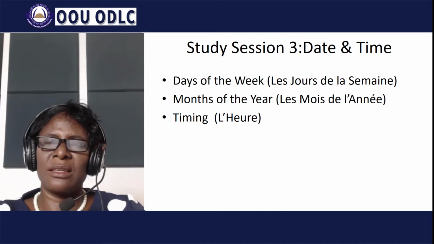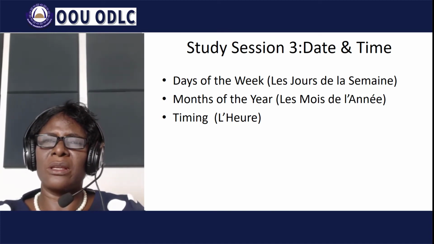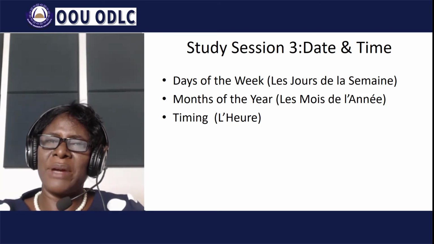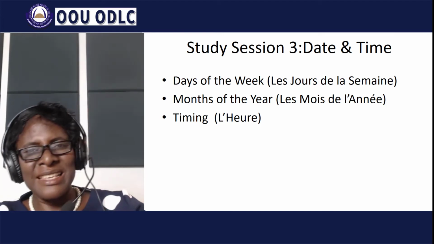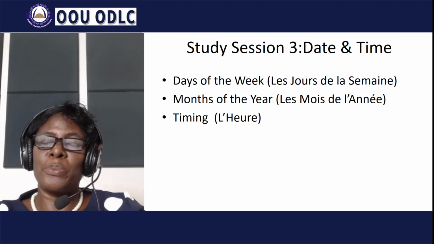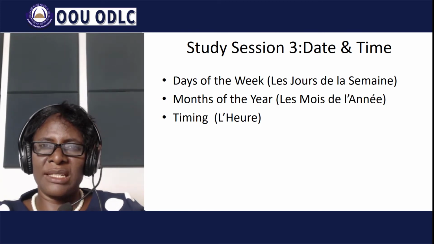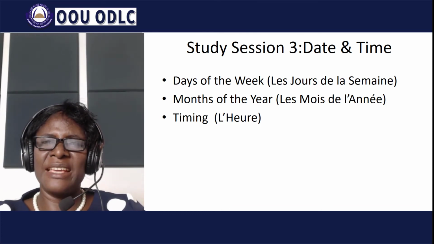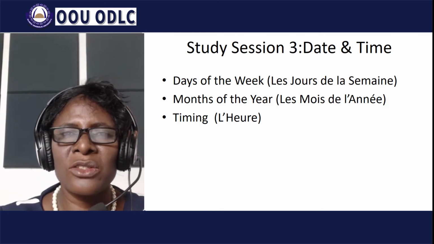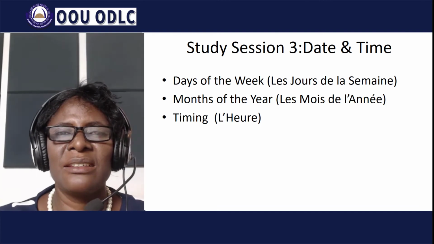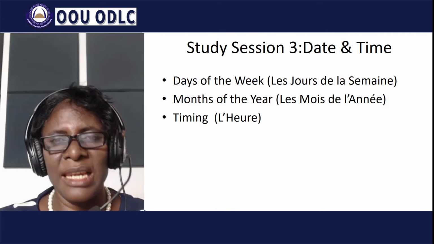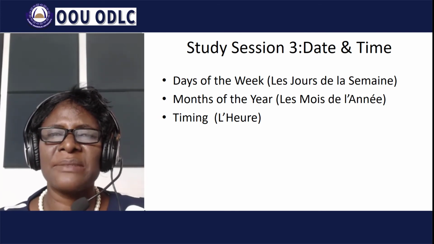Look at the word septembre. You don't pronounce the last E because it doesn't have accent. You don't say octobre with the last E either. You ignore it, but you pronounce the preceding consonant. Septembre, octobre, novembre, décembre. You see where we pronounce E because accent aigu is applied in décembre, but it does not apply on the last E. So don't forget also that months of the year and days of the week are not written in capital letter. Please remember that.